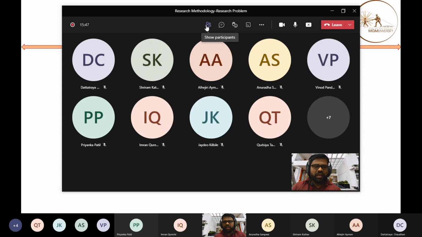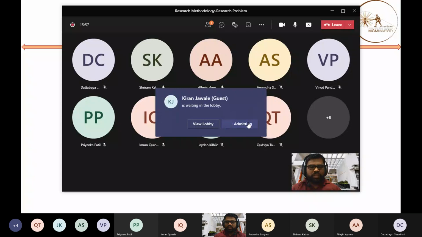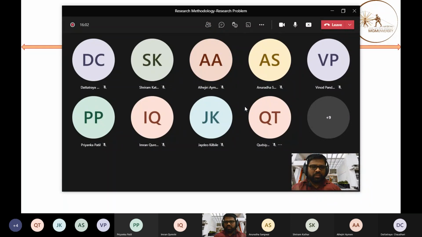So how will this question be generated? That's the research problem. What is a research problem? On the basis of that, we need to decide what your question is. That question is nothing but your research problem, and how you are going to solve it.